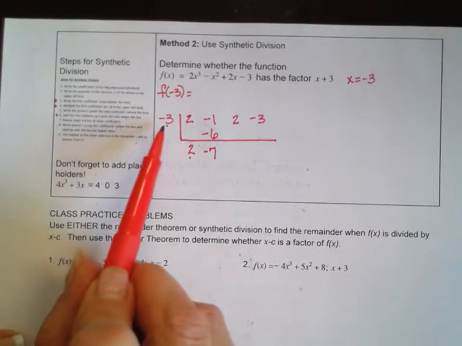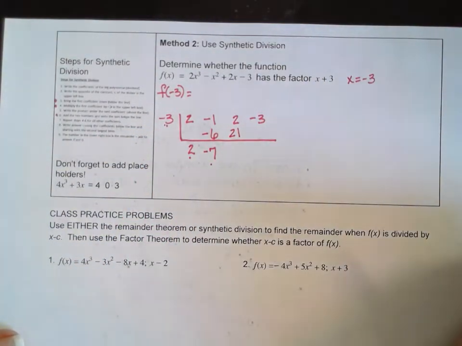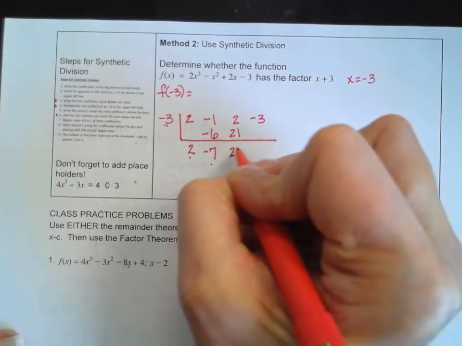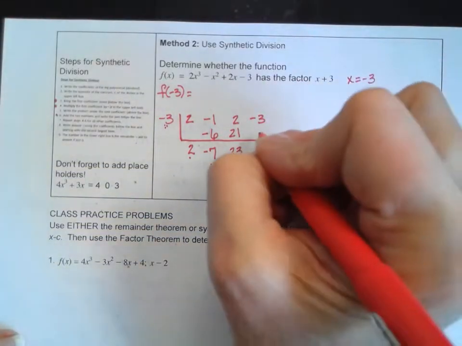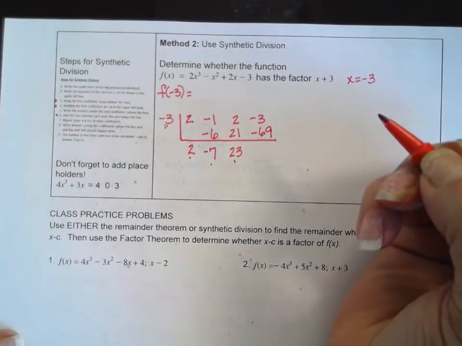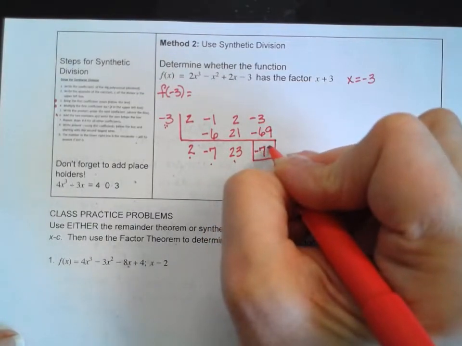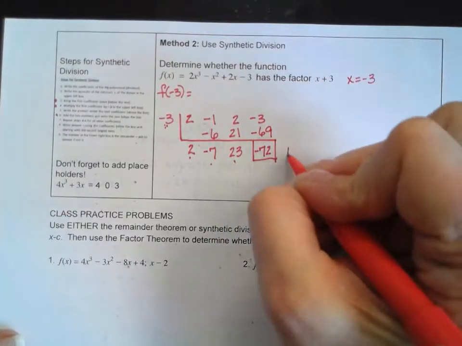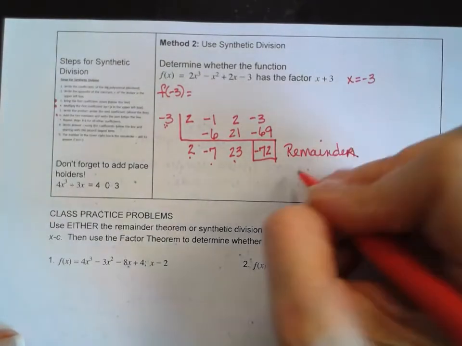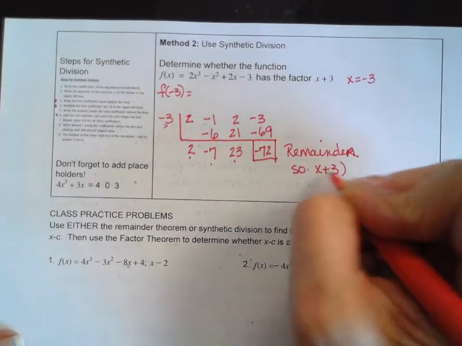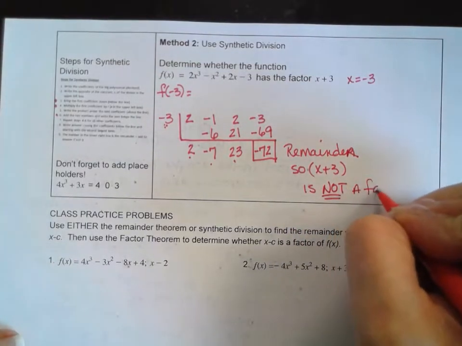Okay, so now rinse and repeat. -3 times -7 is 21. Add those 2 together and get 23. -3 times 23 gives me -69. And when I add those together, I get -72. So I have a remainder. So x plus 3 is not a factor.